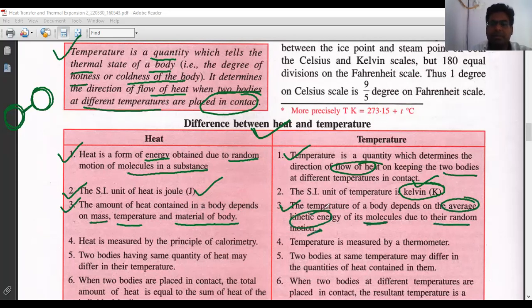Next, heat is measured by the principle of calorimetry, the main setup to measure heat, but temperature is measured by the thermometer. The instrument which measures temperature is called a thermometer. Read up to point 4, then I will explain the next one.